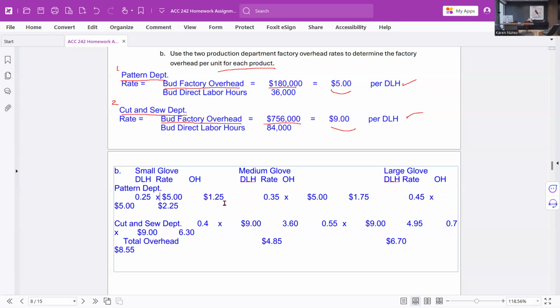And let's make sure we have everything lined up here.